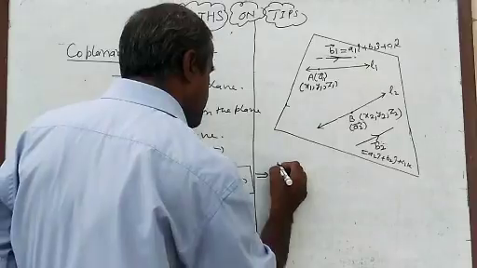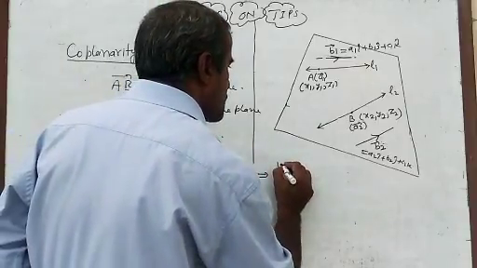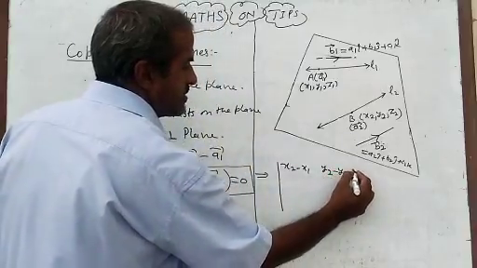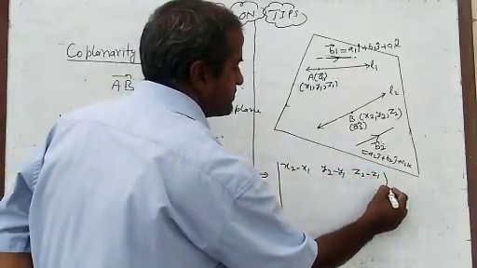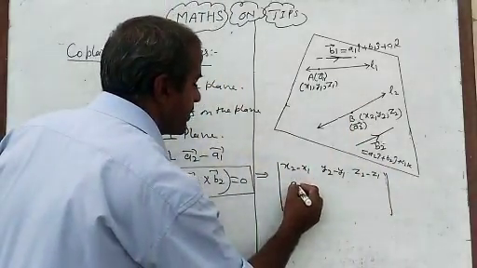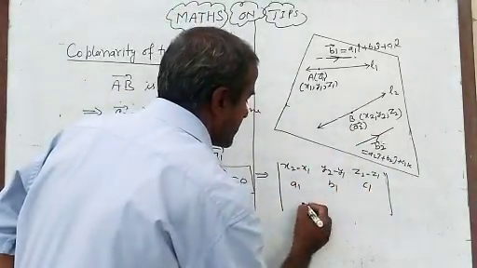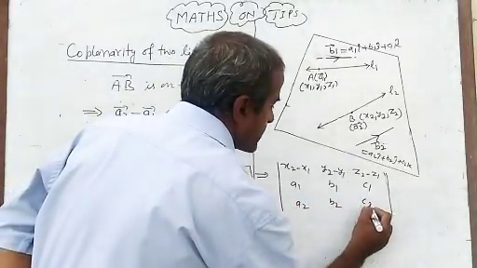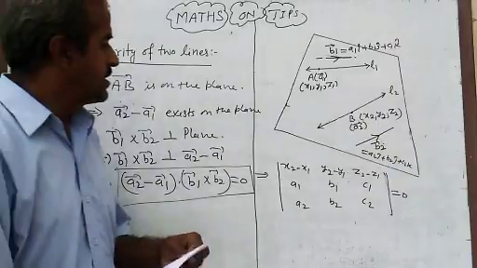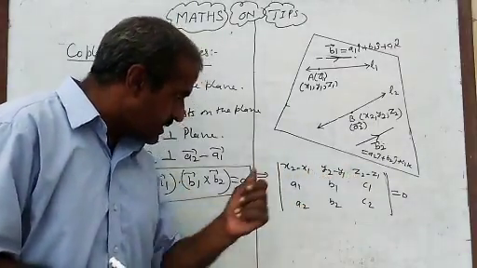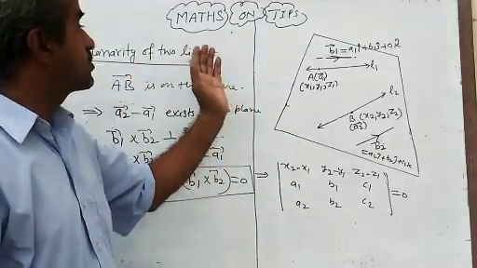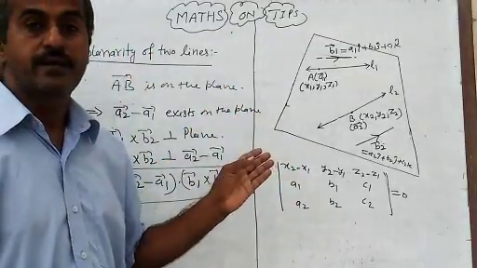So this implies x2 minus x1, y2 minus y1, z2 minus z1, फिर B1 क्रॉस B2 means A1 B1 C1 A2 B2 and C2. This is equal to 0. This is in the Cartesian form. If two lines passing through the given point and their direction vectors are given, then we can show the two lines are coplanar. It is the condition.